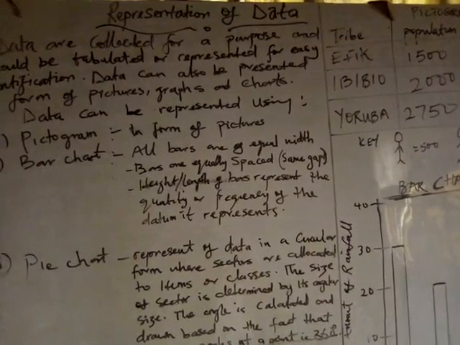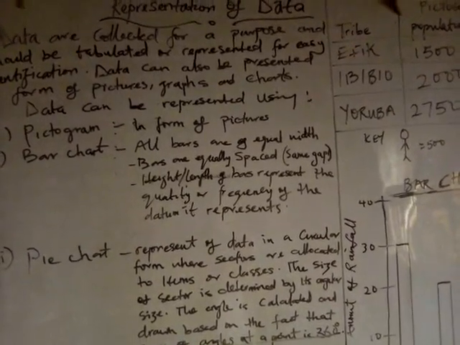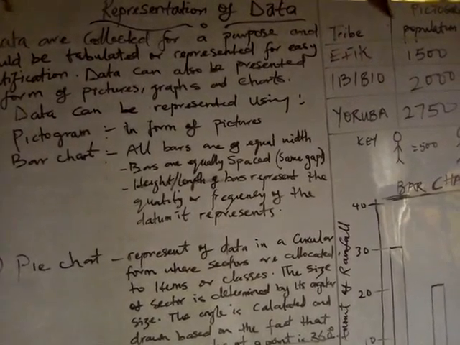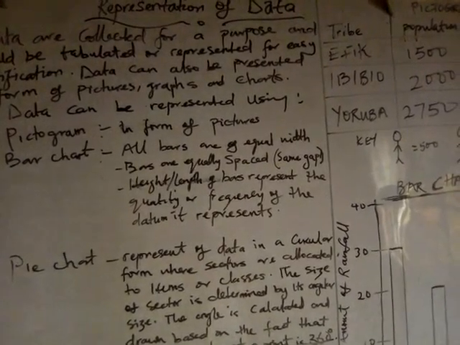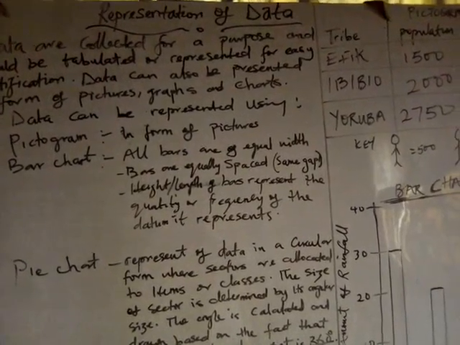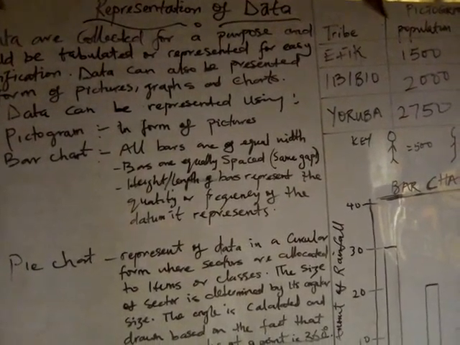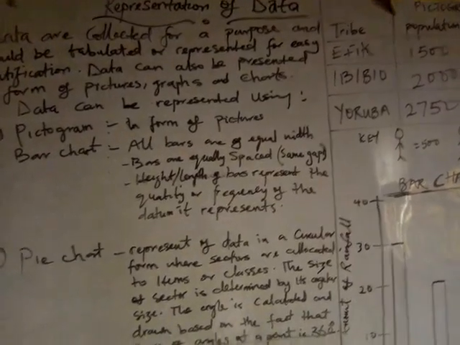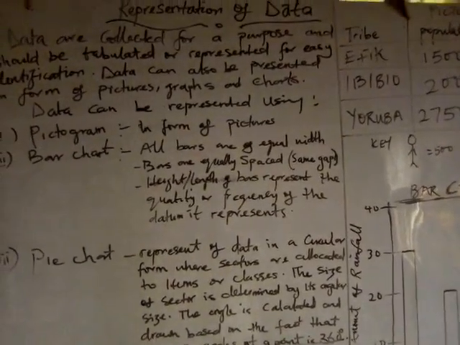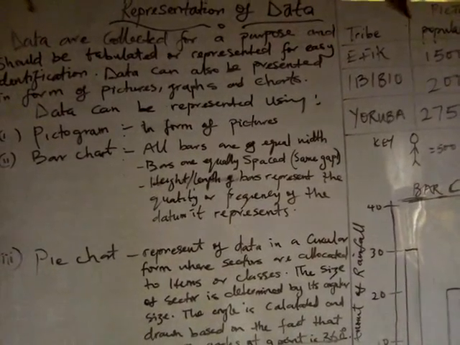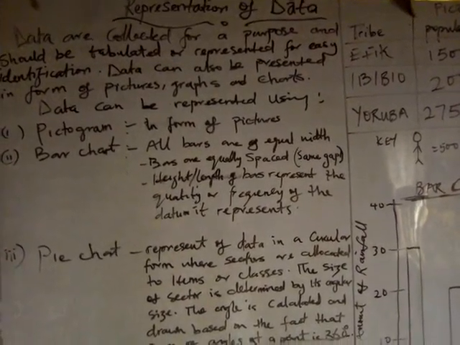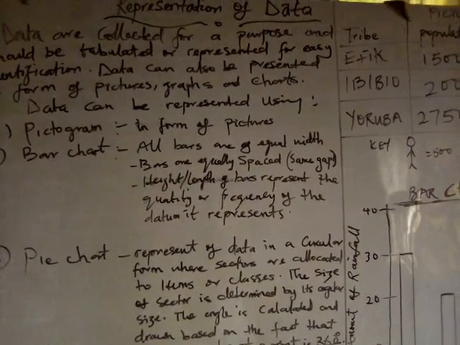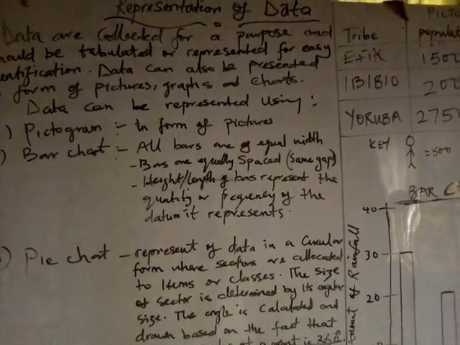Almost every sector of life now deals with data. Basically, statistics is all about representation of data, how to forecast using data, how to analyze data, and how to prepare for the future. Many industries are in need of these skills. But the basic thing is how to collect data, how to analyze it, and how to represent it.